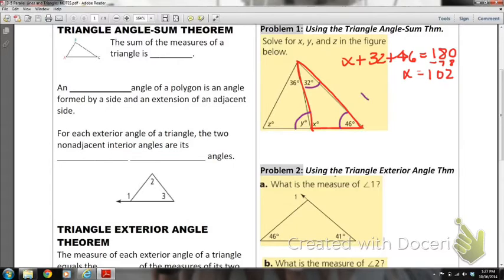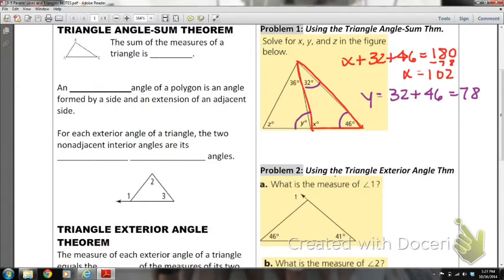So y is equal to 32 plus 46, which is equal to 78. So that's one way to find y. The other way we could have found y is that x and y form a linear pair. So they're supplementary by the linear pair postulate. So we could have said that y is equal to 180 minus x, which would have been 180 minus 102, and would have still gotten us the 78 as well.